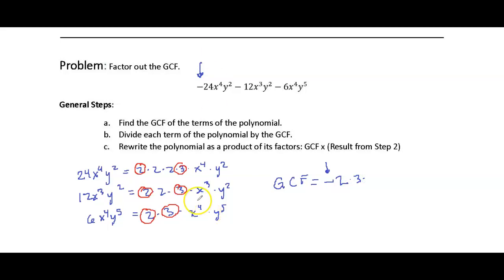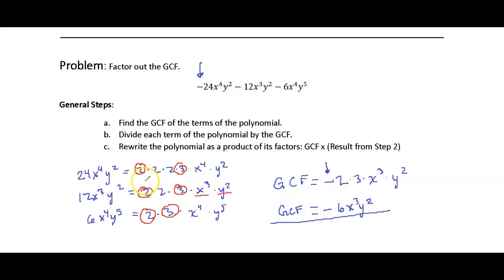And for our x variable, we can find the variable with the smaller power, x to the third. And for our y variable, we can do the same thing. And we have 2 y to the second, so it doesn't really matter which one we consider. Now we have times x to the third times y to the second power. And that leaves us with the GCF of negative 6 x to the third y to the second power.